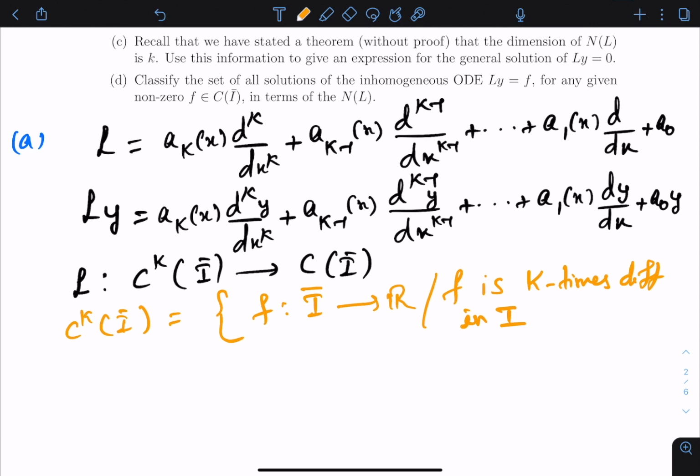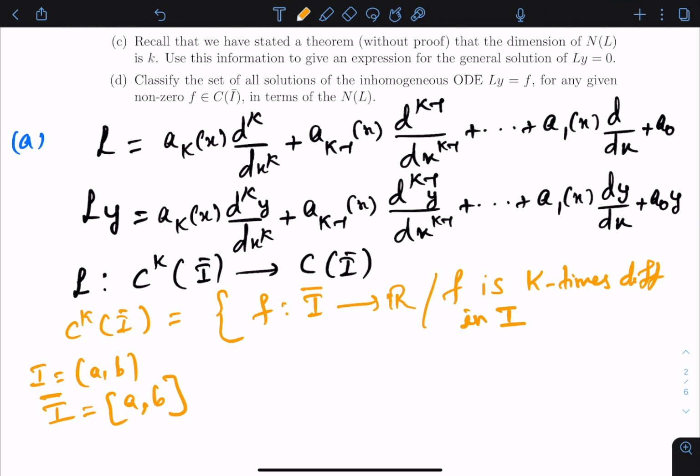We have seen in the lectures that I is your open interval (a, b), where a and b can take infinity, but in that case the closed interval doesn't make sense. So the bar basically means it's a closed interval.